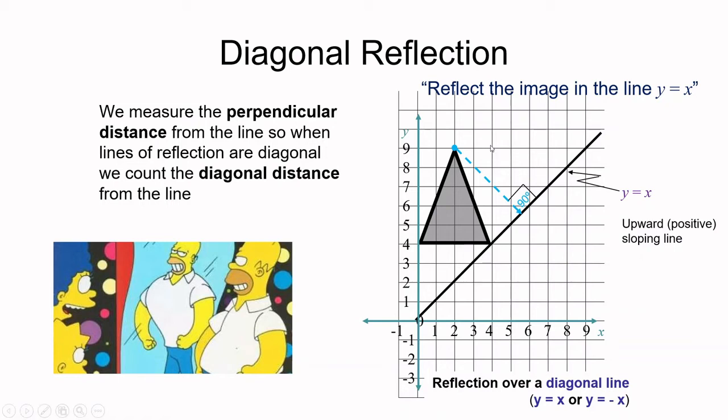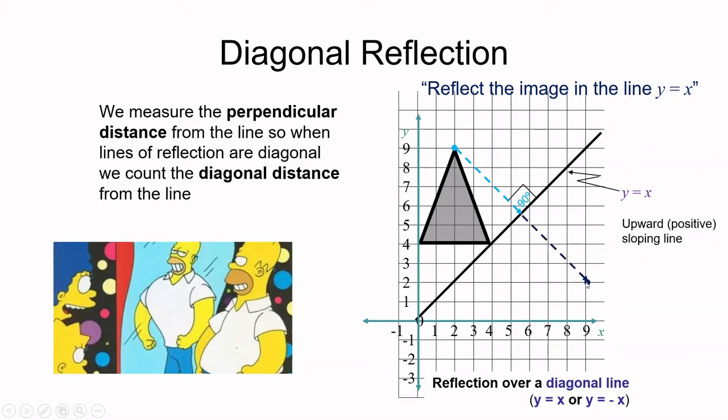And to count this distance, I'm counting diagonally through the squares from this upper left corner down to this lower right corner. That's 1 diagonal, 2 diagonals, 3 diagonals, and that's half of a diagonal. So if I've got 3.5 diagonals on one side of the line, I should measure 3.5 diagonals on the other side of the line. It's easiest to start by counting your half, and then that's 1.5, 2.5, and 3.5.